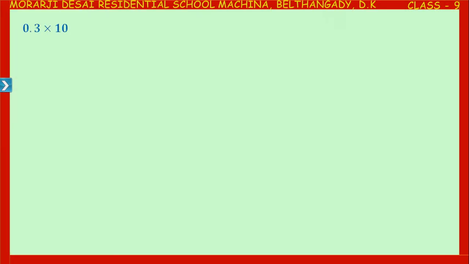See here, 0.3 into 10. Here you have to move how many steps? See how many zeros over 1. In front of 1 there is only one zero. So you have to move one step.